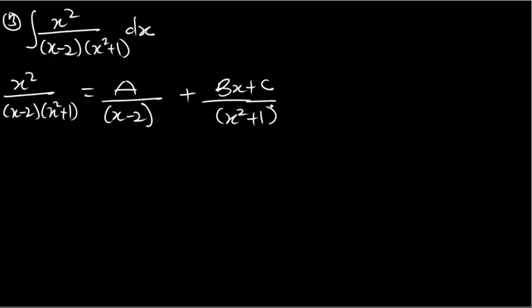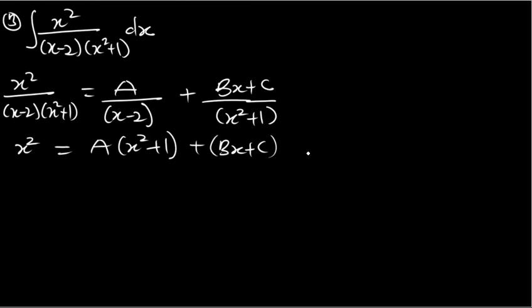Are we okay? Take note of how to express this one. It's very important to also get it that way. So we have our expression in this way. We can equate x squared equal to this: a will take this part, x squared plus 1, then plus bx plus c will multiply x minus 2 this way.